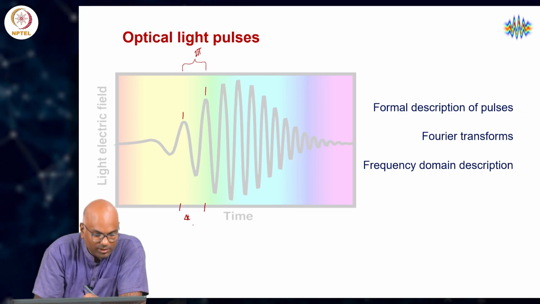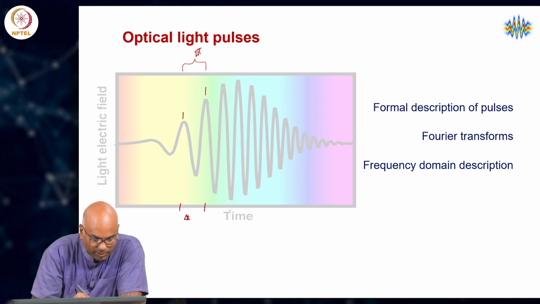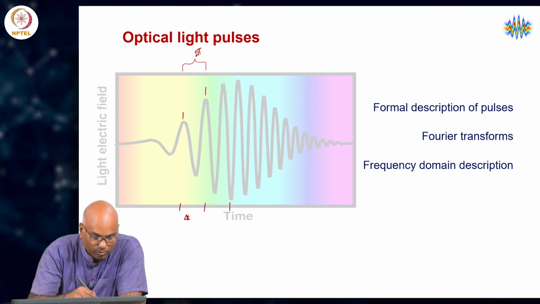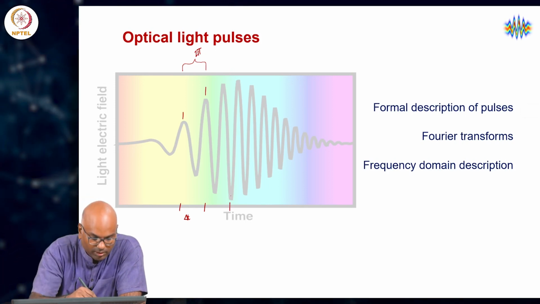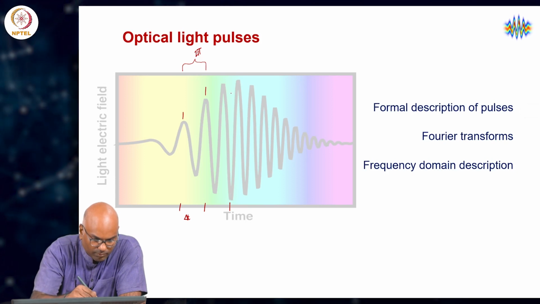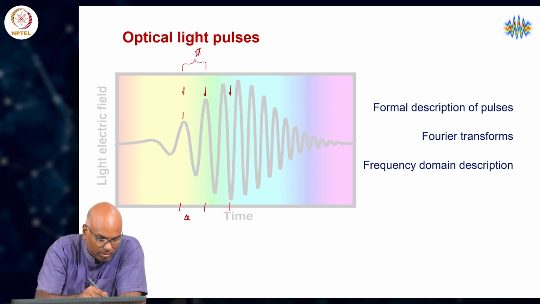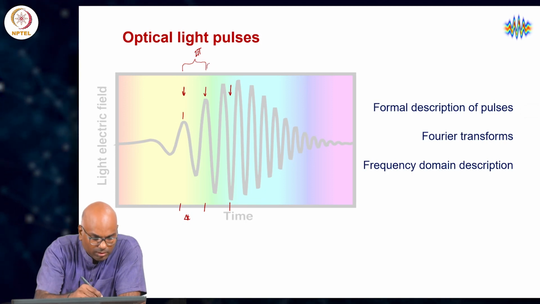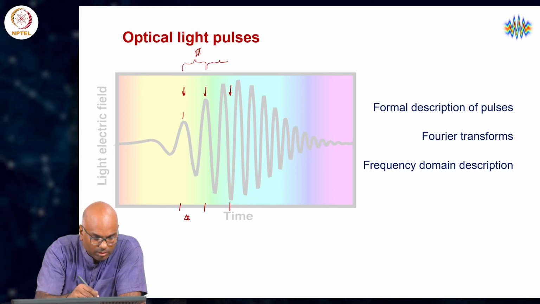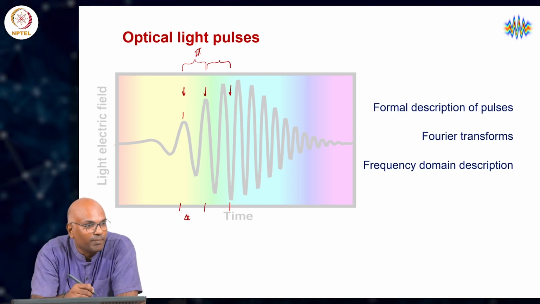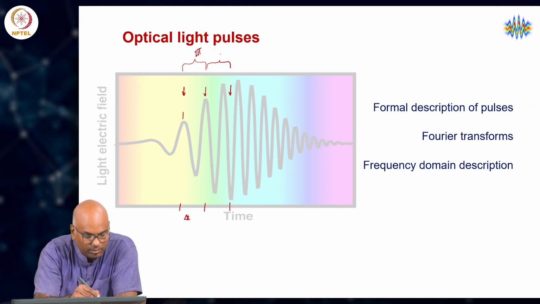Note this delta t. Suppose I approximately mark this same delta t in the next period. Now, how much do you think the phase has rolled over by? 3 pi by 2.